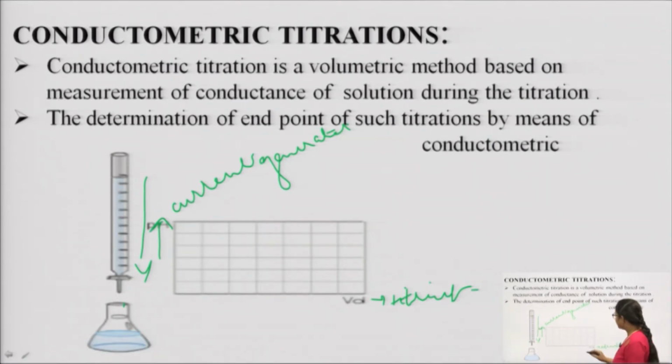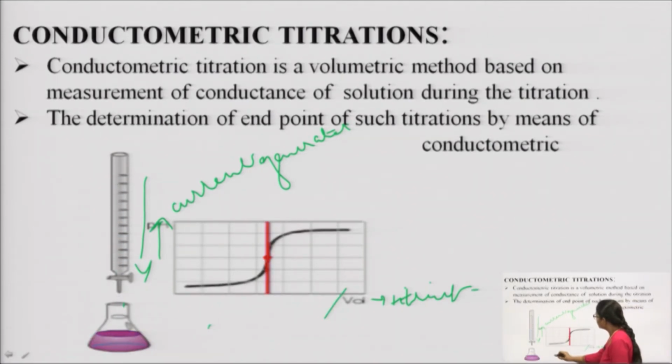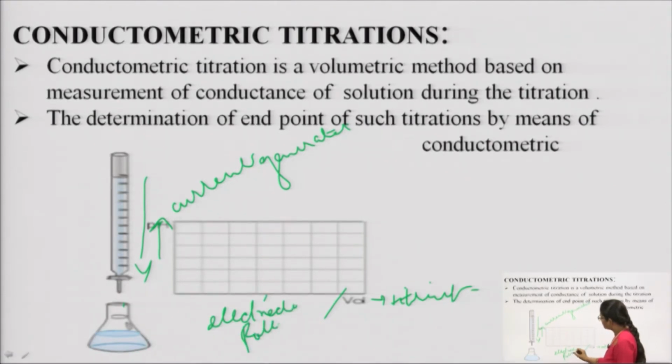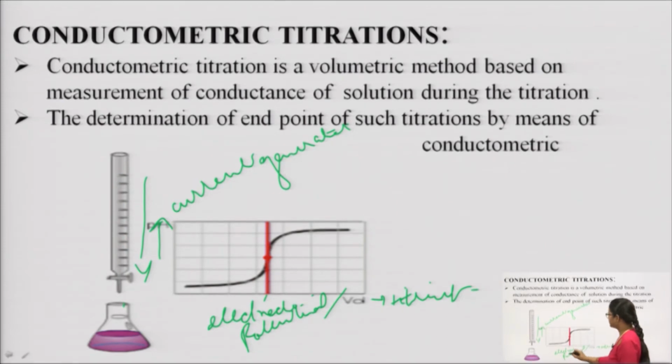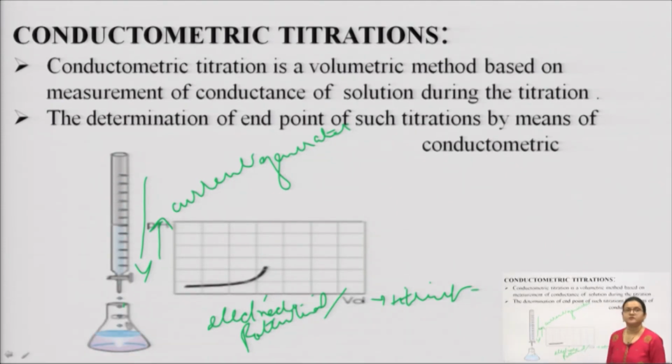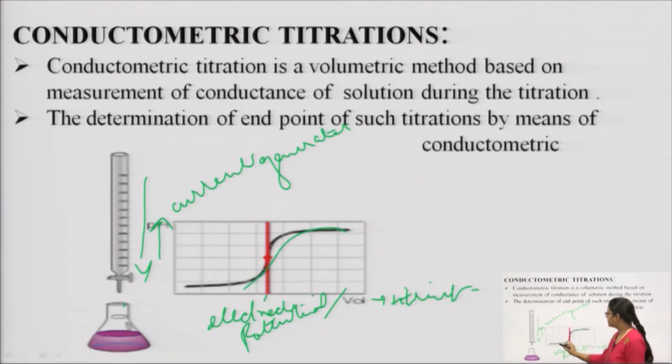You can plot the volume of titrant against electrode potential or conductance also. So, you can see here you will get a sigmoid shaped graph.